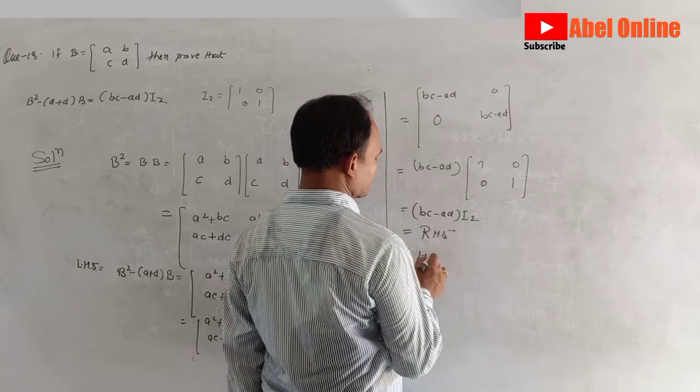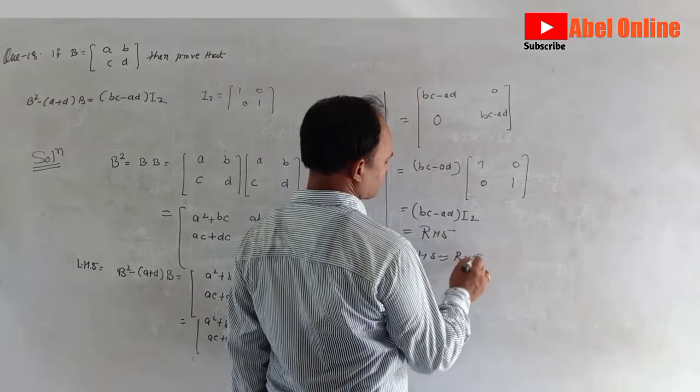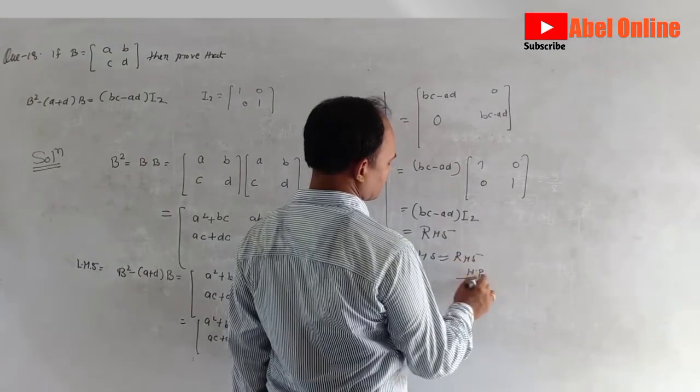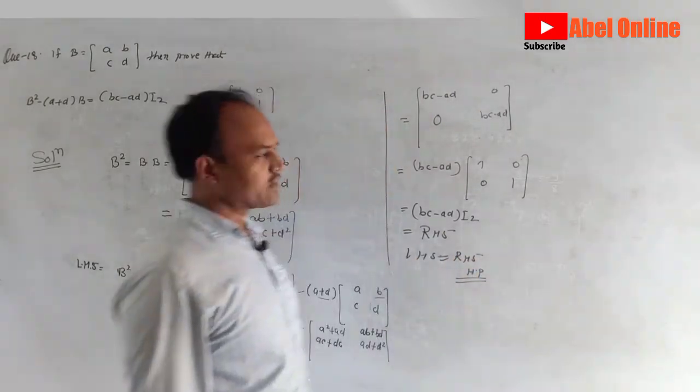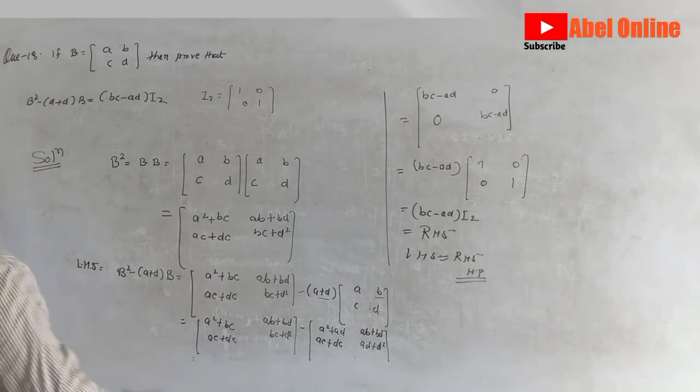So LHS equals RHS. Hence proved. We have proved that A plus D times the matrix equals BC minus AD times I2. This is the RHS part. So LHS equals RHS. So we have proved question number 18.